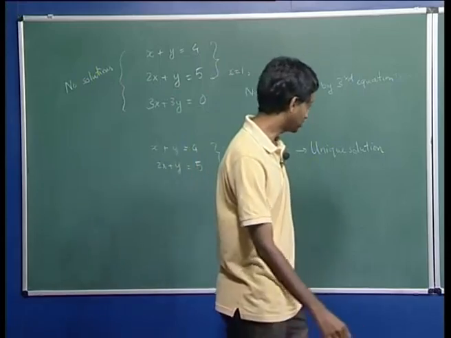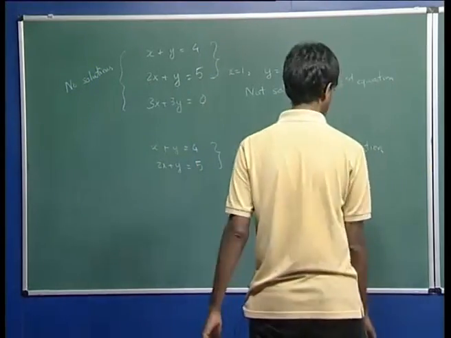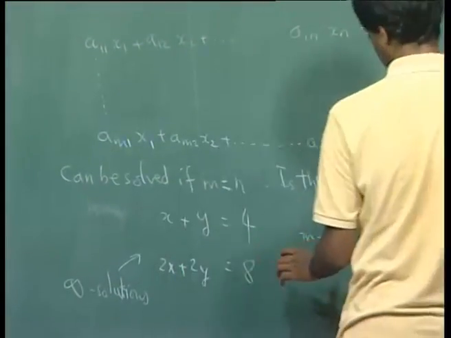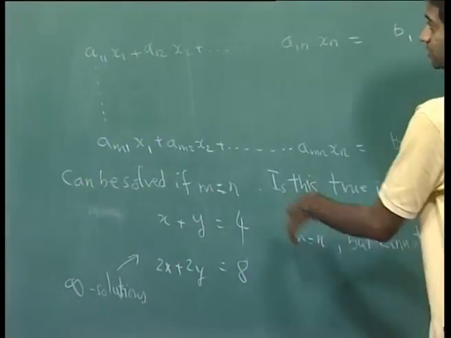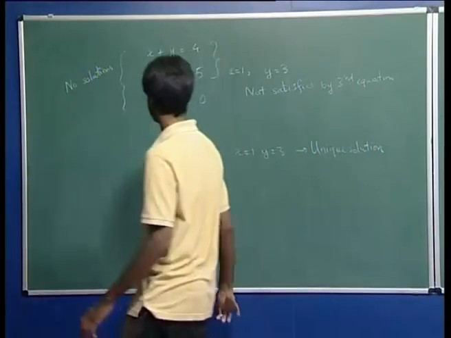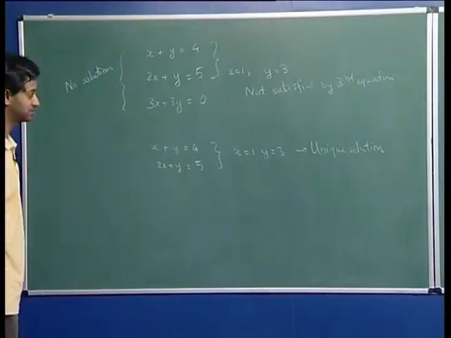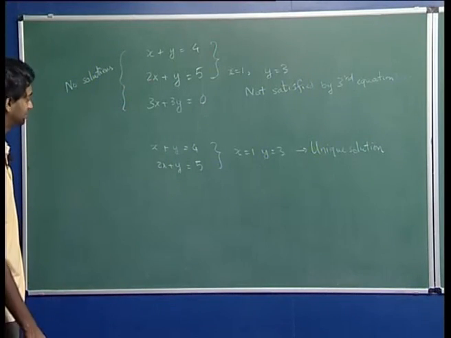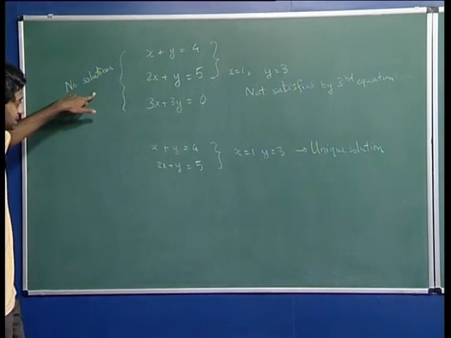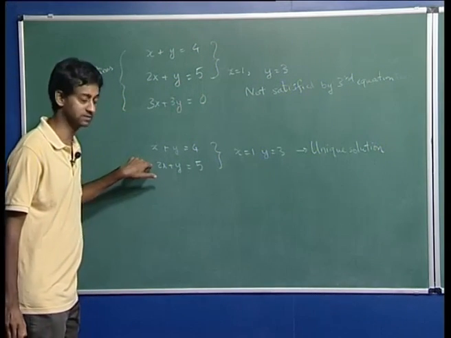Okay. Now, so we seem to have a set of equations where m is either equal to n or m is greater than n, but in each case you have different characteristics. In one case you have infinitely many solutions, in the second case you have no solutions, and in the third case you have a unique solution.